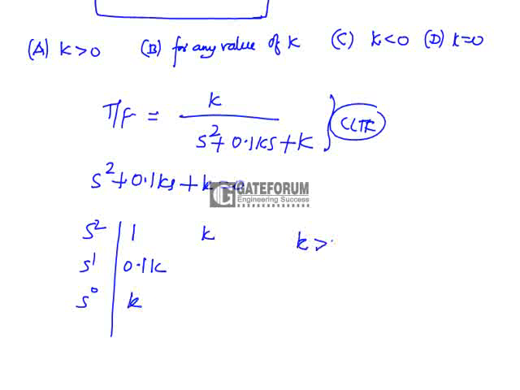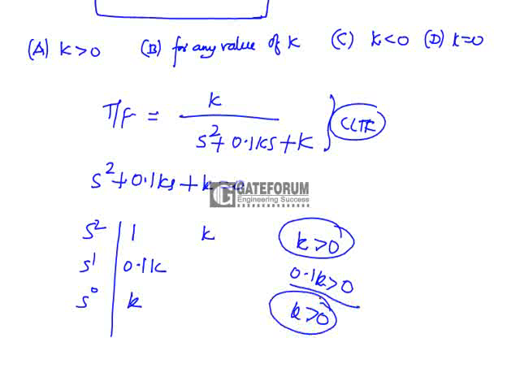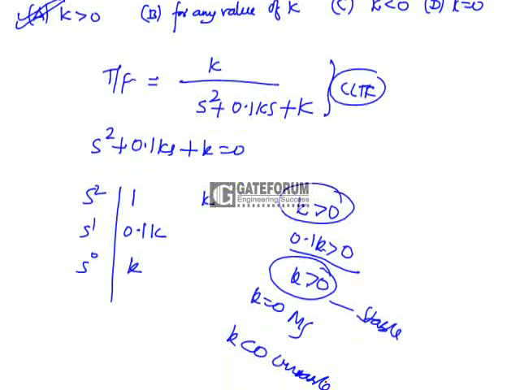The system is stable when 0.1 k is greater than 0, that is, k is greater than 0, so there is only one condition. When the gain is greater than 0, the system is stable. When the gain is equal to 0, the system is marginally stable. When the gain is less than 0, the system is unstable. These are the three possible conditions for the gain value k. So the answer is option A, since we have to find the condition for stability.